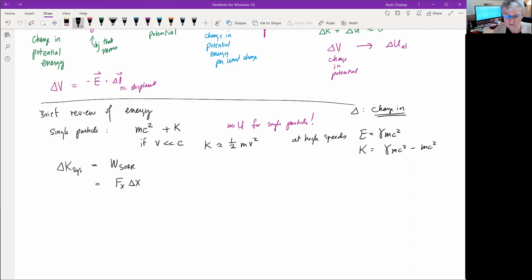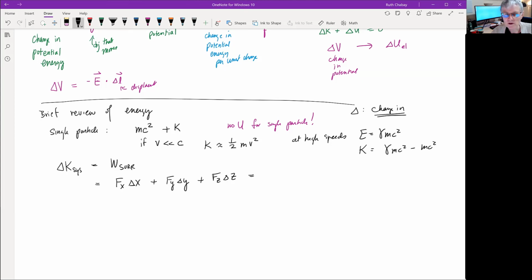So the x component of the force acting on the particle times the x component of the displacement plus the y component of the force times the y component of the displacement plus the z component of the force times the z component of the displacement.